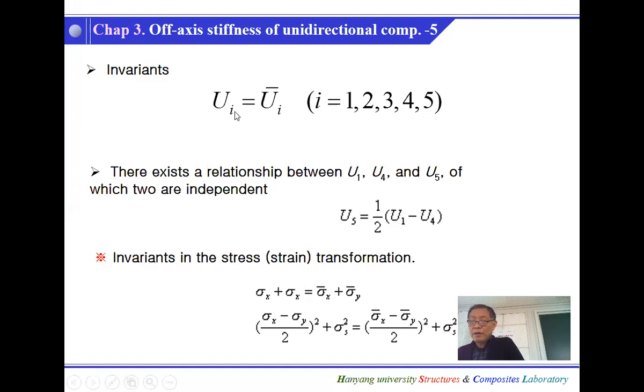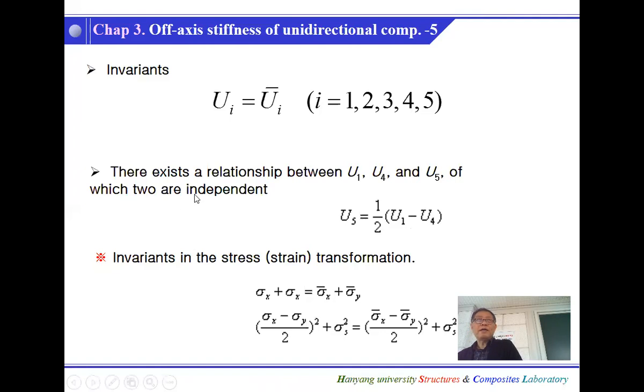So we went through some derivations, and the off-axis stiffnesses are all in terms of the invariants U_i, and again they are all invariant. There are 4 independent invariants, U1, 2, 3, 4. They are independent variables, but U5 is related to U1 minus U4 just because of the relations.